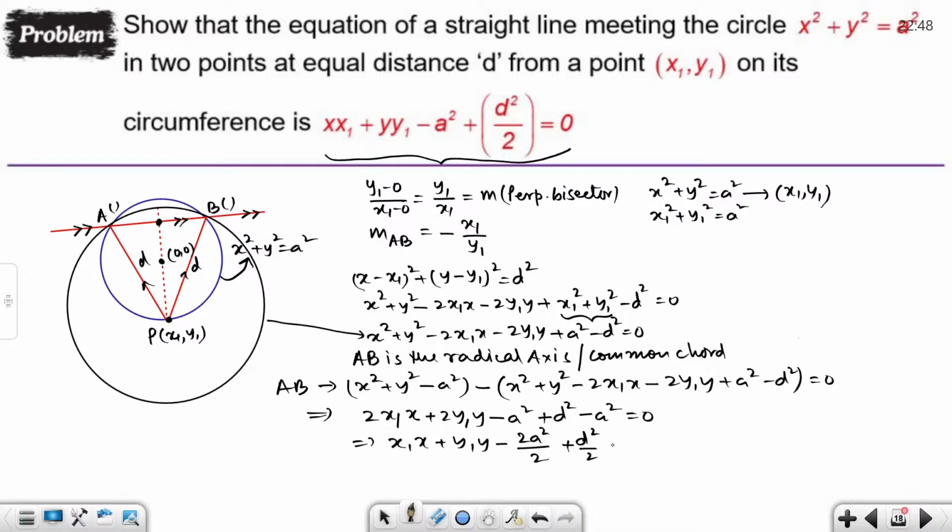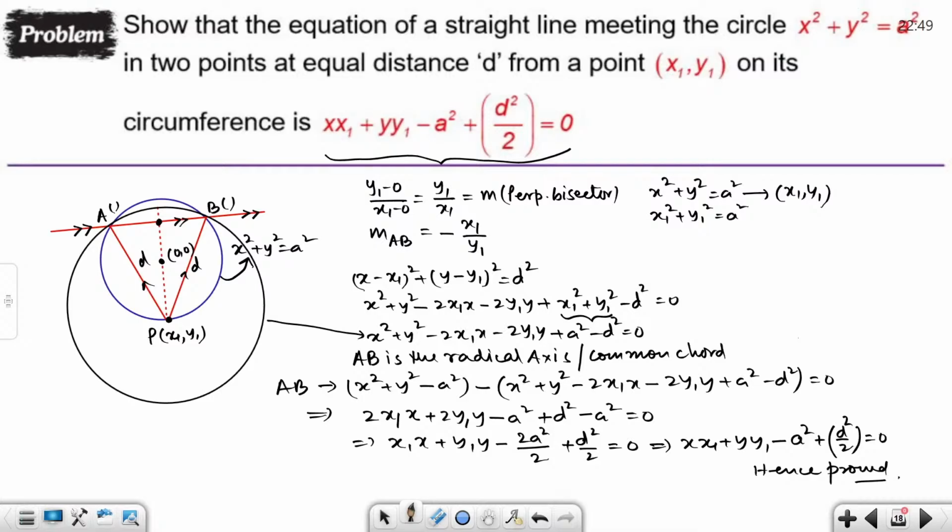So this will be plus. So this is equals to 0. Therefore, the equation of AB is, hence proved.